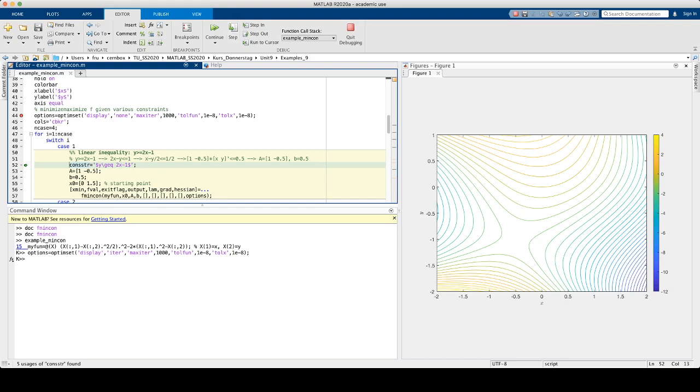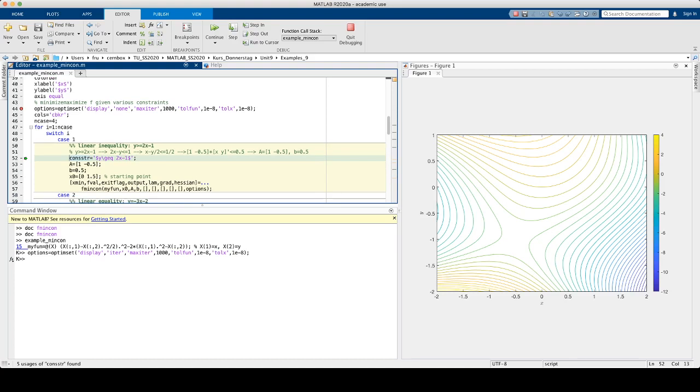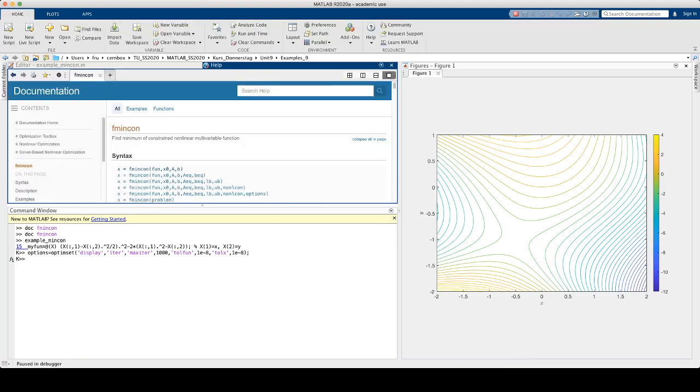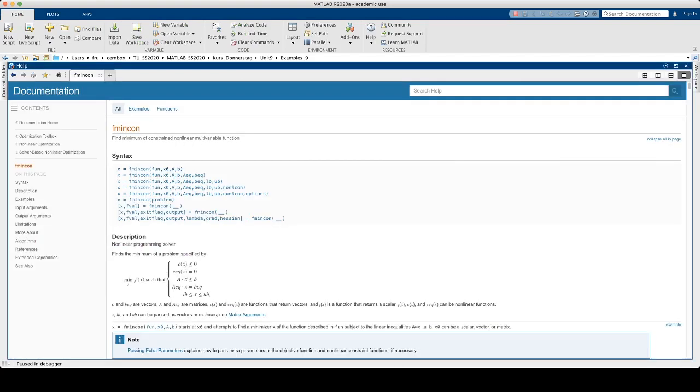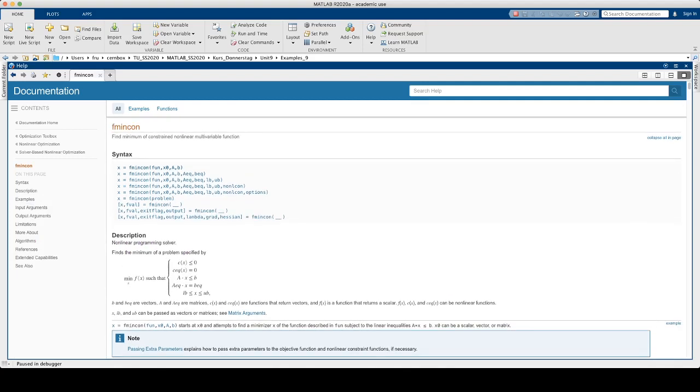If we look at the minimizer fmin_con in more detail, we see that it has a lot of different calling sequences. Let me maximize the help window. Okay, here we are. So this is the documentation for fmin_con.